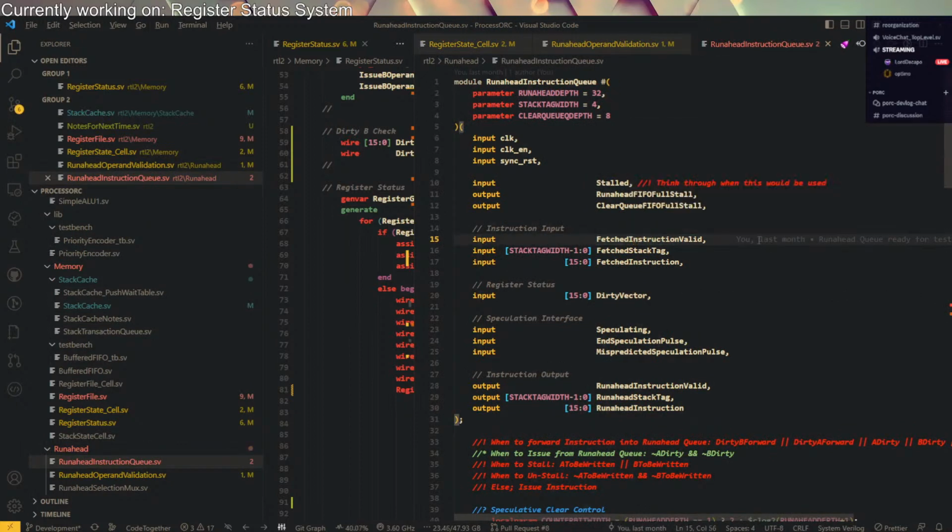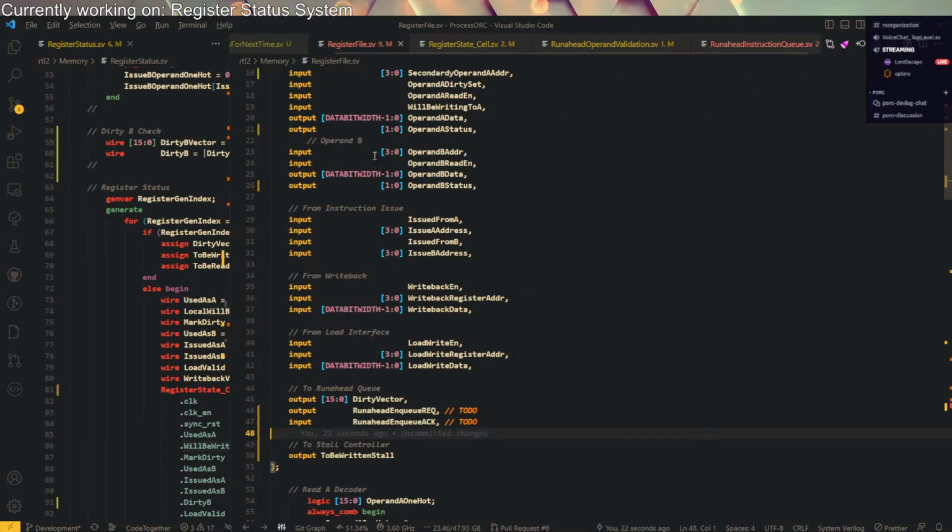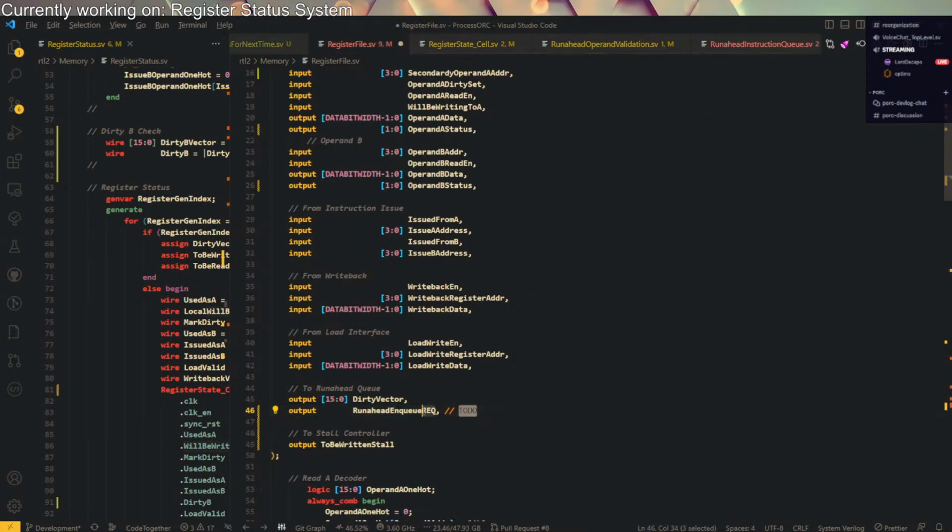Promote to handshake. Oh wait, no, I have the stall wire here, so I don't need a handshake. All I need to do is have run ahead and queue.